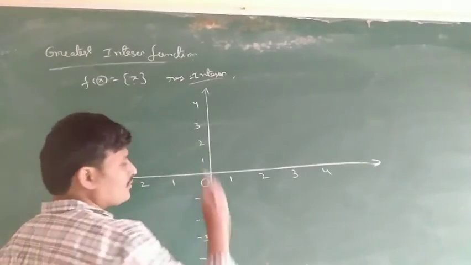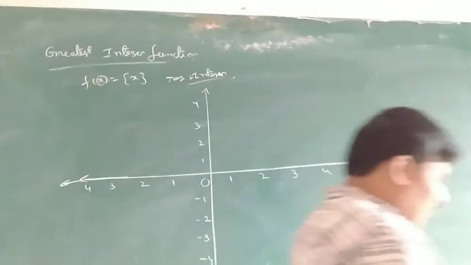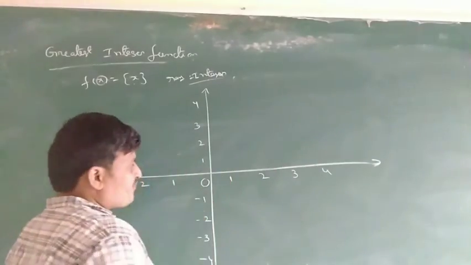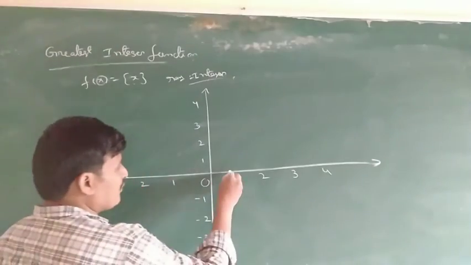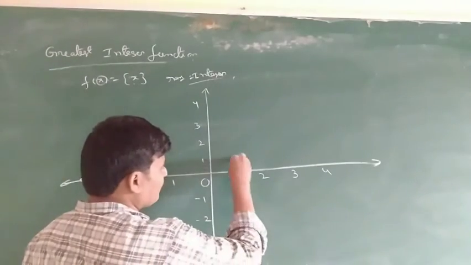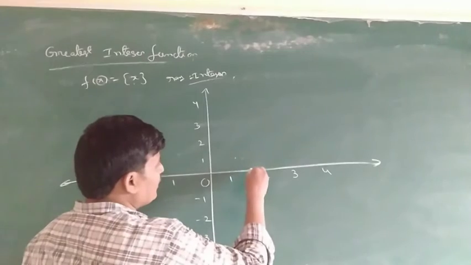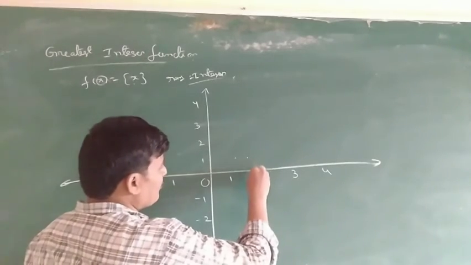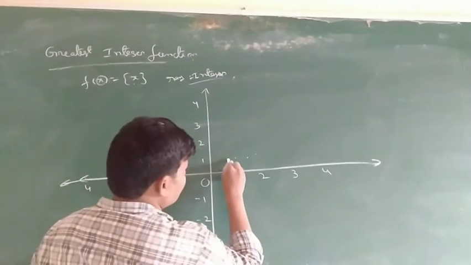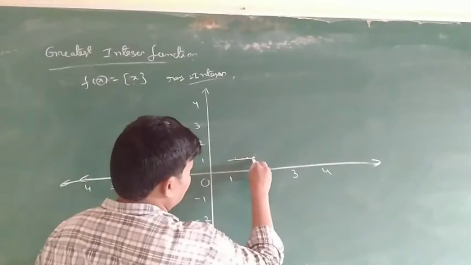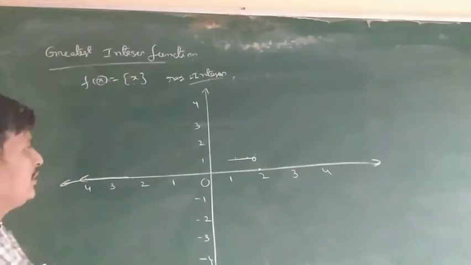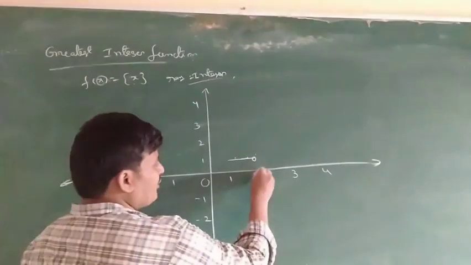Next, 1 to 2: 1.1 is 1, 1.2 is 1, 1.3 is 1, 1.4 is 1, up to 1.9. So from 1 to 1.9 the value is 1.